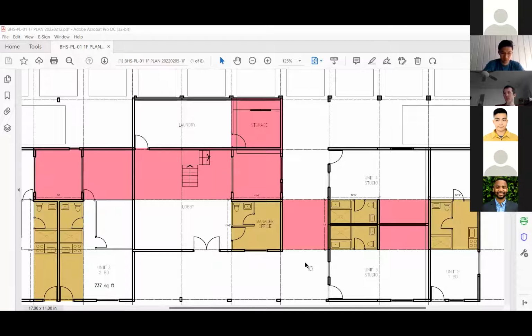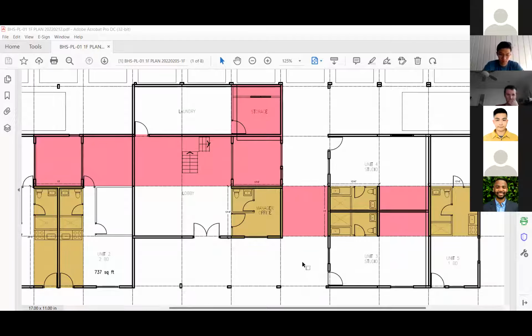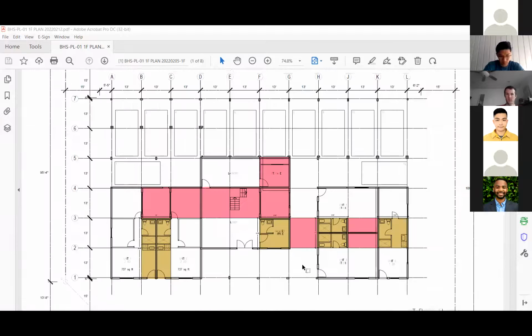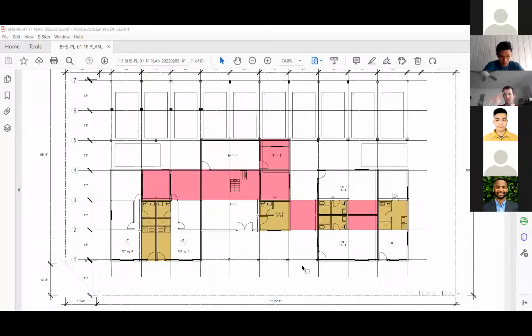So I think that's more or less the update that we've got. I don't think the design partner has further comments about how our design is going to work so far.